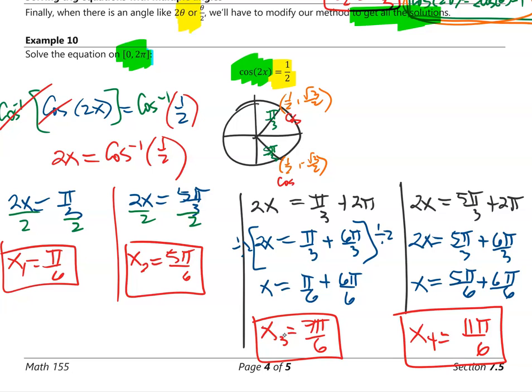And as you can see, 7 pi over 6 in a unit circle here, this is 7 pi over 6, and this is 11 pi over 6.